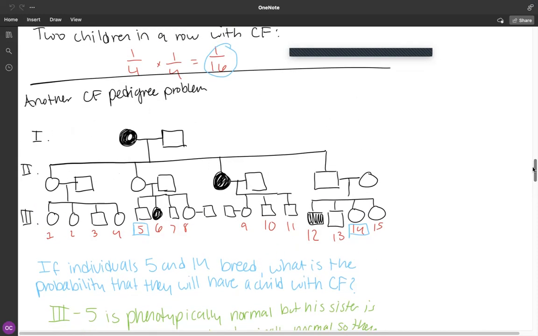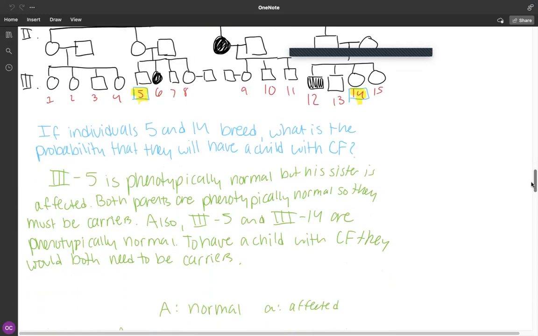So I have labeled individuals 5 and 14. And you can see that they are both phenotypically normal, which means we're going to have to figure out their genotypes.